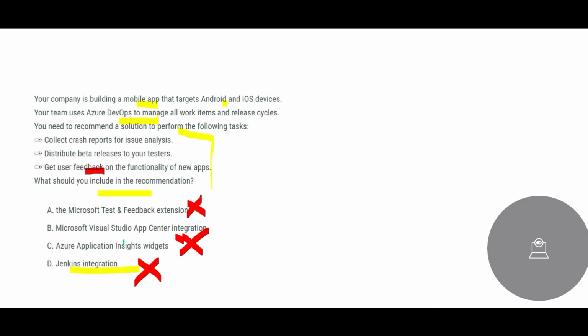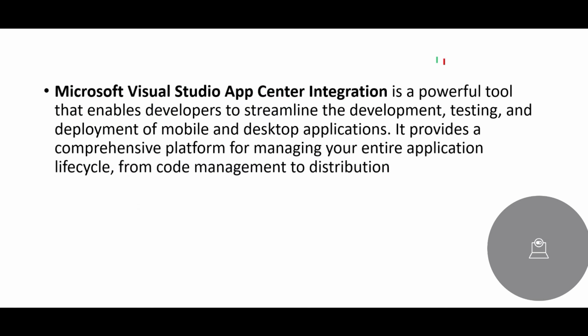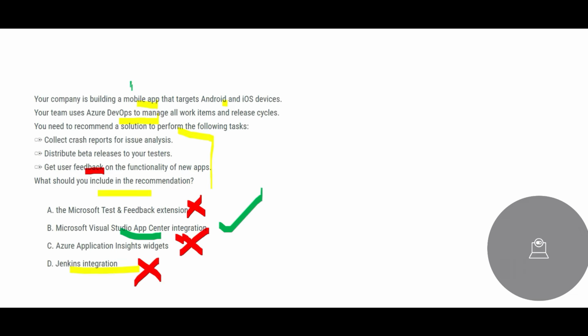Now we are left with Visual Studio App Center integration, and this is our answer. This is a powerful tool which enables developers to streamline the development, testing, and deployment of mobile and desktop applications. In our question, we have a mobile app for Android as well as iOS devices, and you want to manage all work items and release cycles. Your team is using DevOps to manage all, and you need to recommend a solution to perform these tasks.